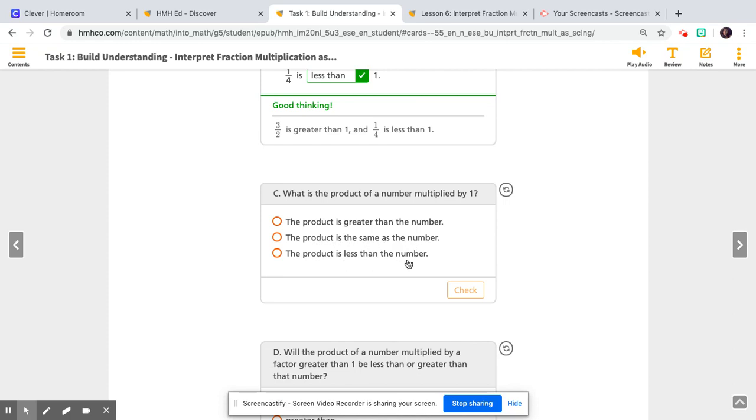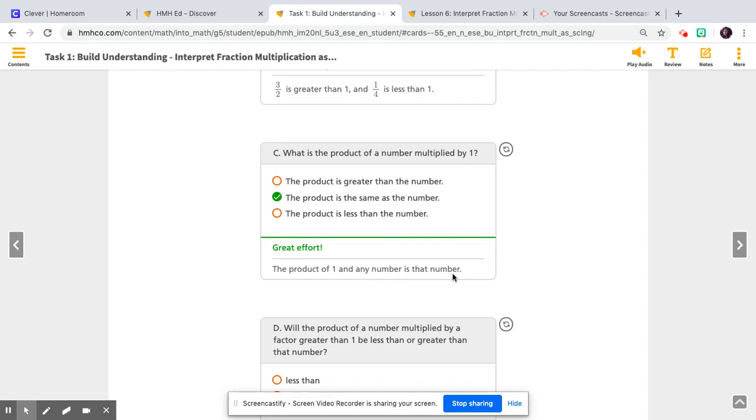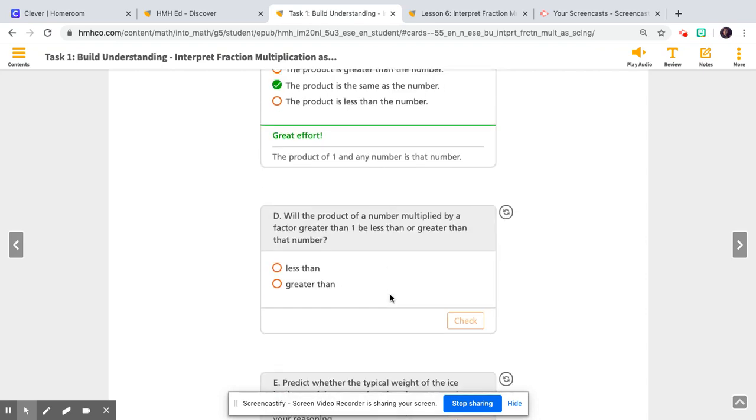We know that the answer to a multiplication problem depends on what you're multiplying with. If I'm multiplying by 1, I know my answer must be the same as what I started with. If I do 5 times 1, it's going to be 5. So it's the same as the number. That's correct. The product of 1 and any number is that number.